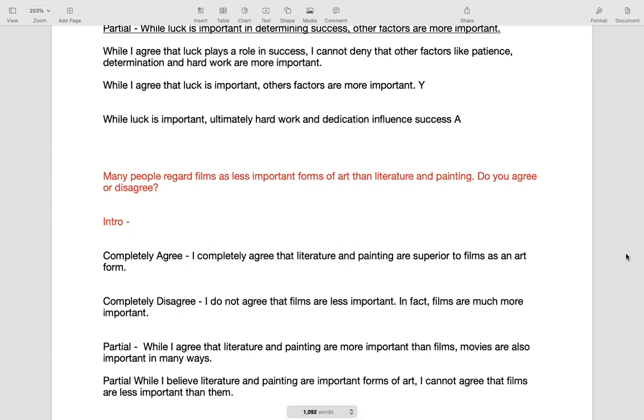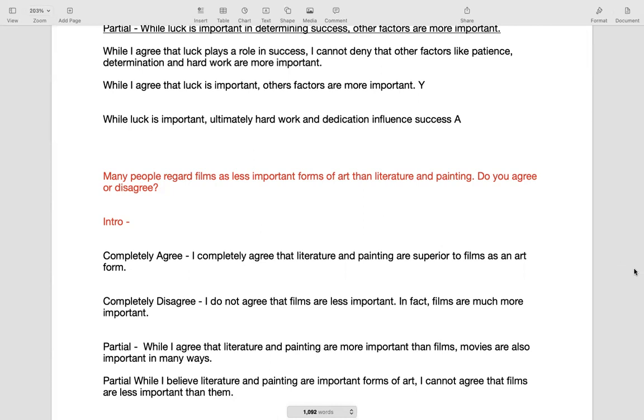Moreover, films in themselves have multiple art forms. They have literature in the form of storylines. They have dancing, which is an art form too. They have music, which is an art form. They have acting. So multiple art forms are involved in films. Films are an amalgamation of so many art forms, and that is why I believe they are superior to literature and paintings in that aspect.